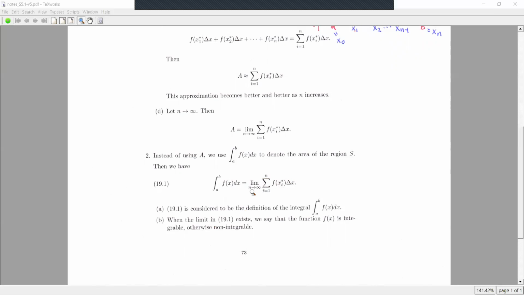When the limit exists, we say that the function f is integrable from A to B. Otherwise, if the limit doesn't exist, we say that the function is not integrable from A to B.